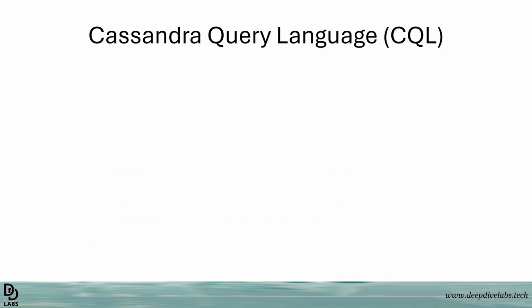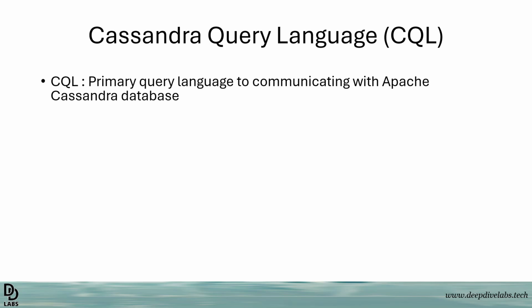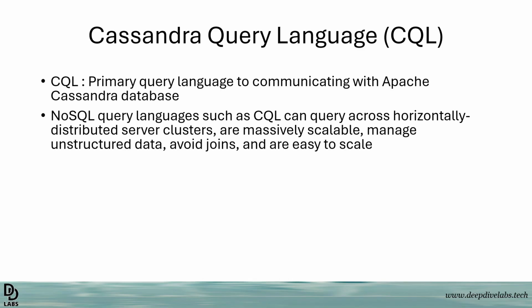It helps to understand columnar databases when we look at the query language, right? Cassandra Query Language, CQL, is the query language used to communicate with the Apache Cassandra database. It's a NoSQL query language, so you just write your query.